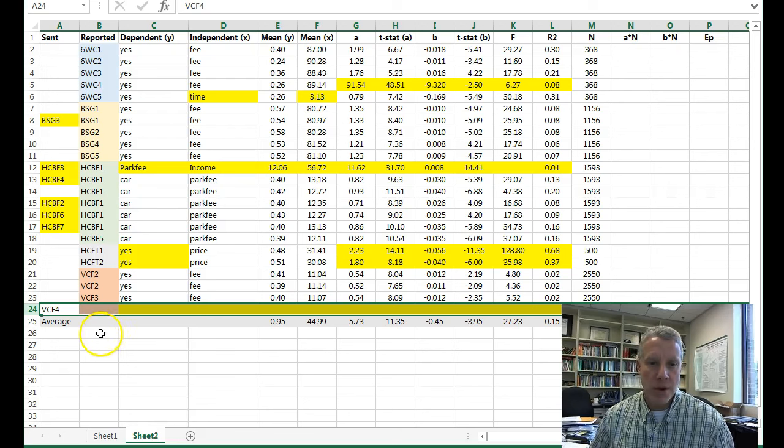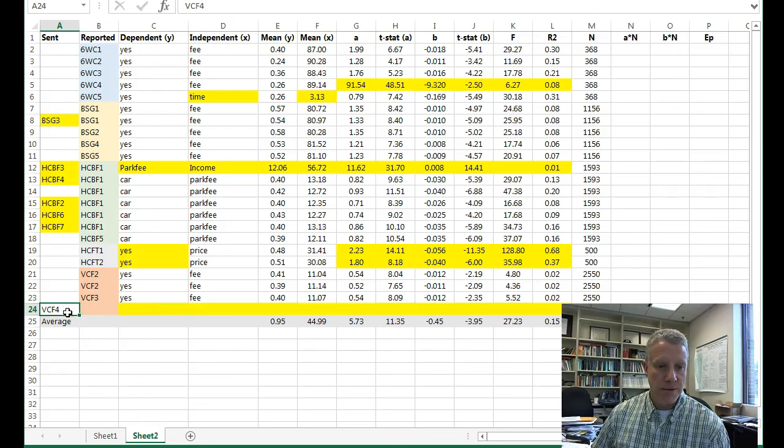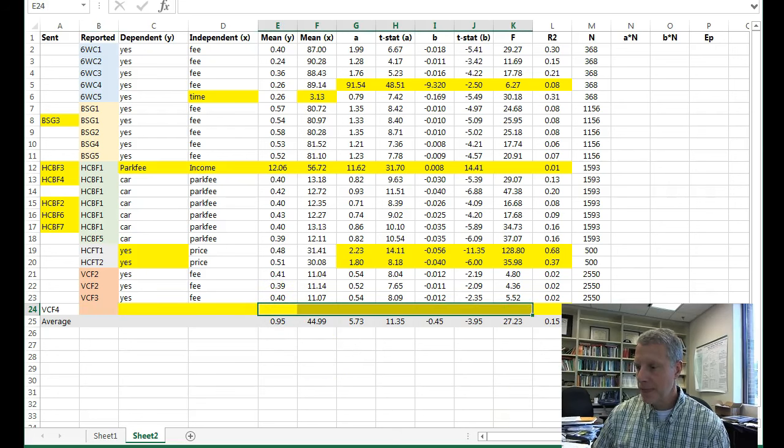When it comes time to work on the project, you can pick a data set that you want and work together. But for this one, I need separate entries for each student. So if you received Valley Country Fair number 4, please send me your regression results so that I can add them to this table.